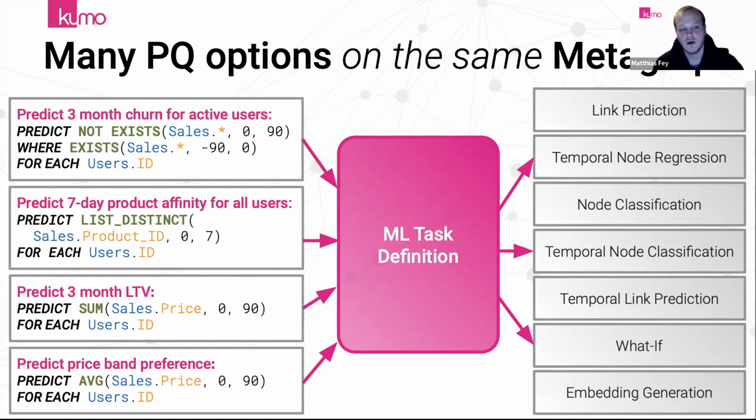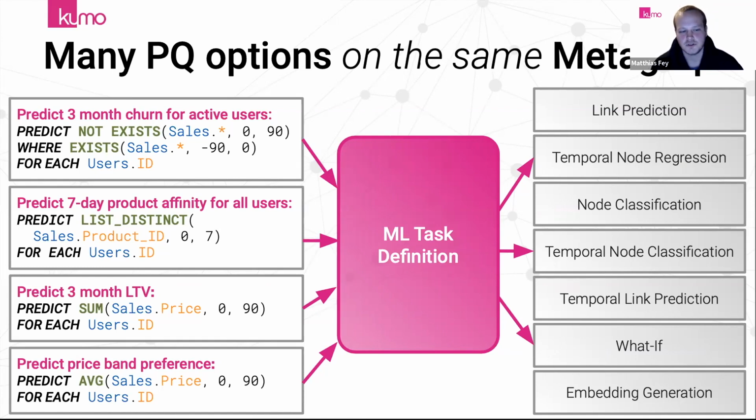And that means we can again predict churn for active users, but we can also use that graph to predict 7-day product affinity for all users, which means we find the best products a user will buy in the next 7 days.